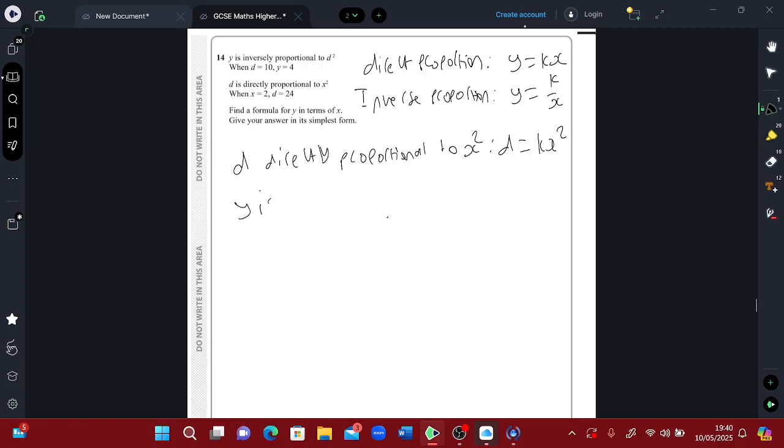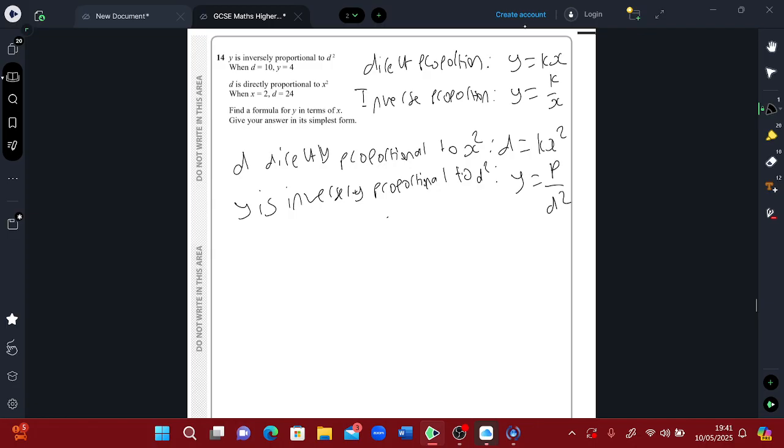Likewise, y is inversely proportional to d squared, which means y is a different letter, so the constants will differ. So let's call this p over d squared.